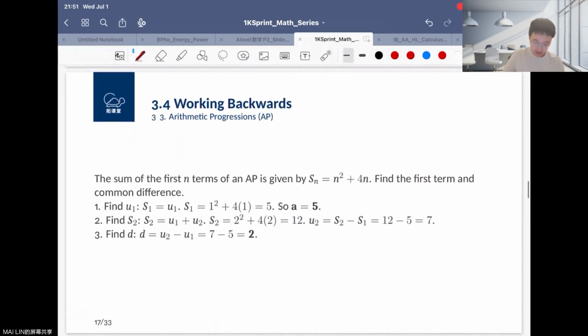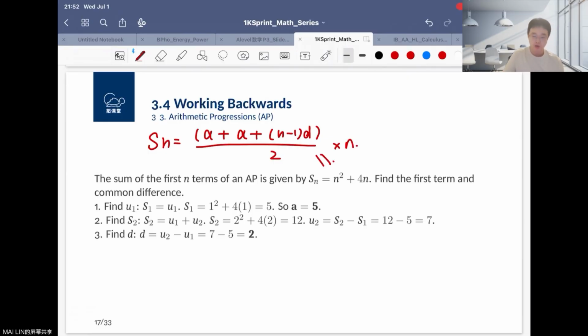Okay, and another problem is working backwards. For Sn, we can set Sn equals n over 2 times 2a plus n minus 1 d, right? If you want to compare with the sum value we already have, we can multiply them out as an plus n minus 1 times n over 2 d, right?